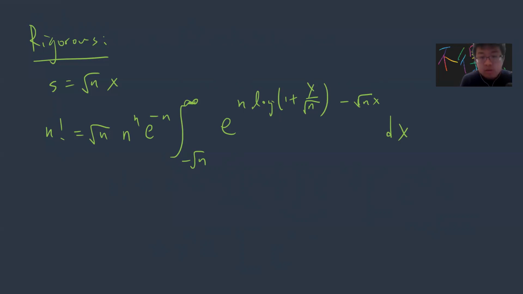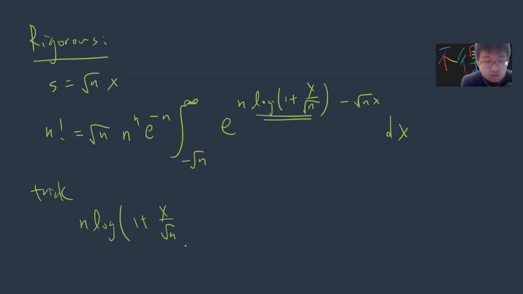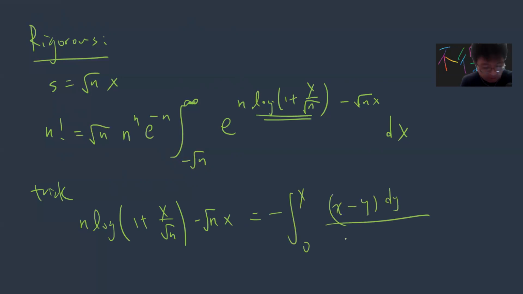The trick is that you can actually use the fundamental theorem of calculus to show this. You just do the differentiation on x, and you get this. This is so amazing: using this you can always change the difference in terms of a differential into an integral, right? So now you can try to bound these terms.